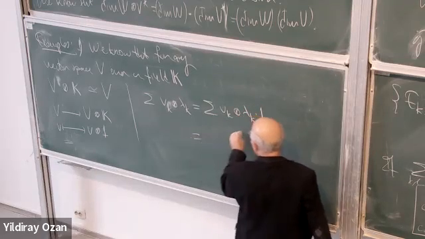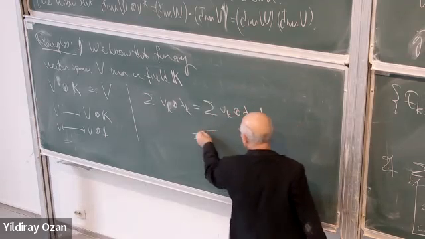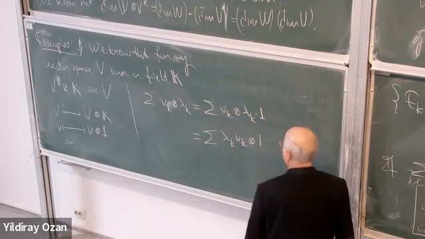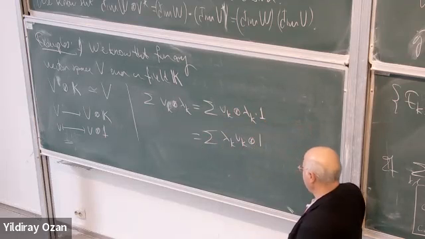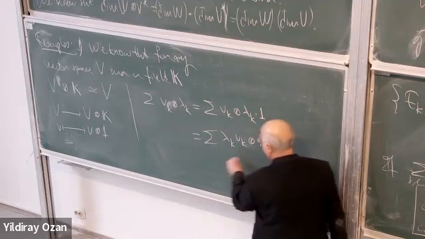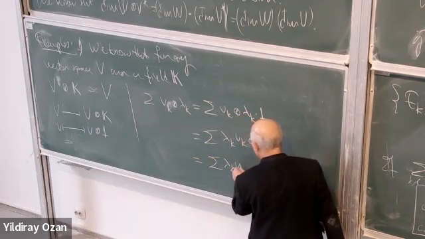And then I know that from the properties of tensor product, I can take this lambda k over here.